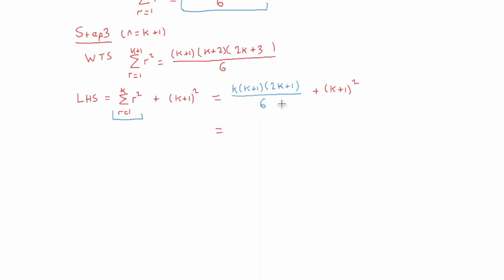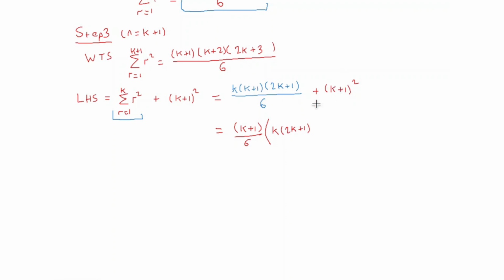Now we could expand this all out, but I'm going to factorize something out. I know at the end I want to have a k plus 1 over 6. So I'm going to factorize out k plus 1 over 6. In this first bit here, what do I have left? Well, I've got the k plus 1 over 6, so what I have left is a k and a 2k plus 1.